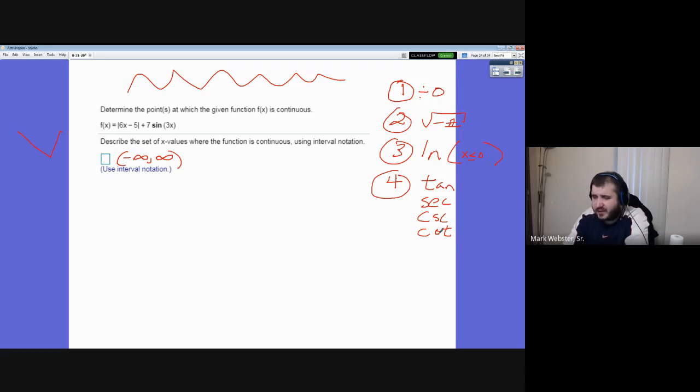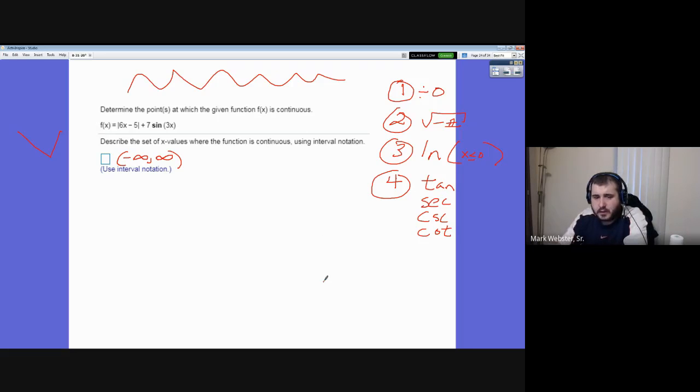So if you don't have any of those things, then I highly recommend you just have that list in your notes just to pay attention. If you don't see any of those, then there ain't no problem anyway. And so you don't even have to think about it. You could look at that one and go, oh, it's fine. Negative infinity to positive infinity.